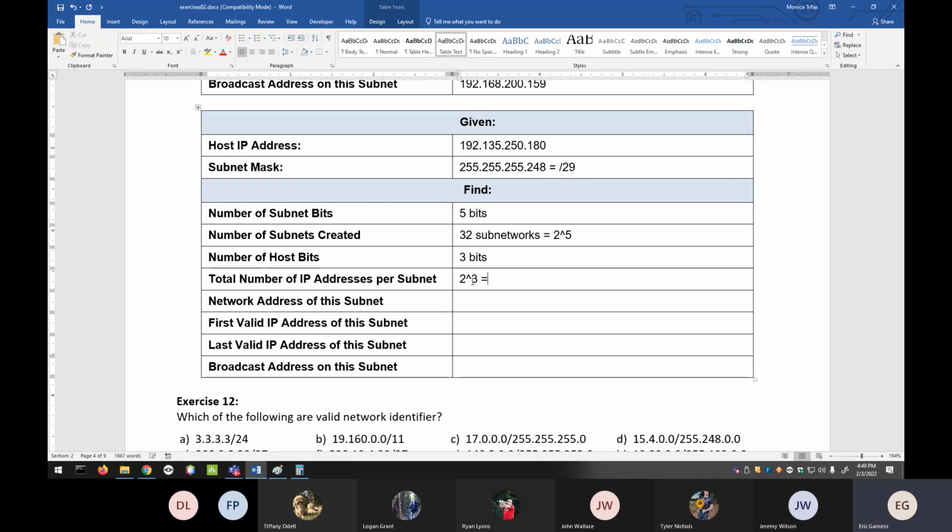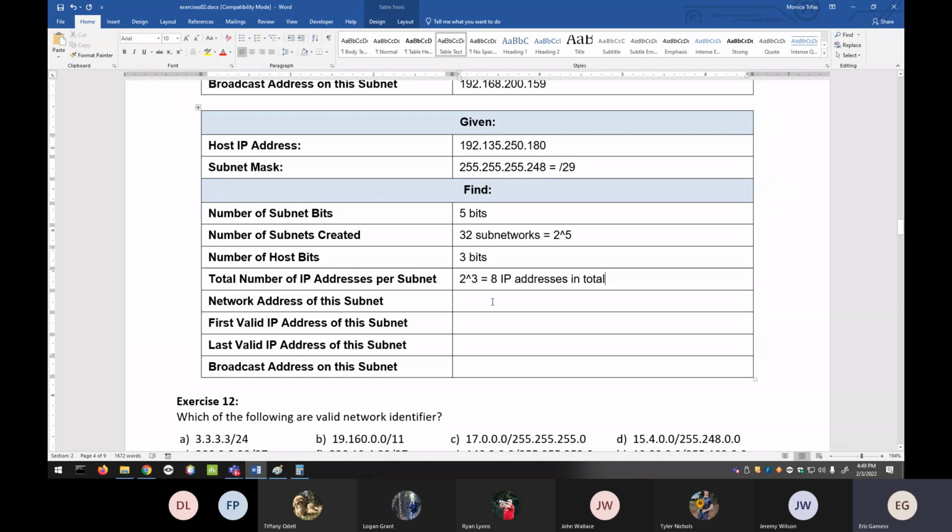Okay, 2 to the power of the number of bits that I have in the host part, which is 8 IP addresses in total. Remember that we lose 2 IP addresses, no? So if they ask you the number of valid IP addresses, it will be only 6. Or number of host IP addresses, or number of usable IP addresses.